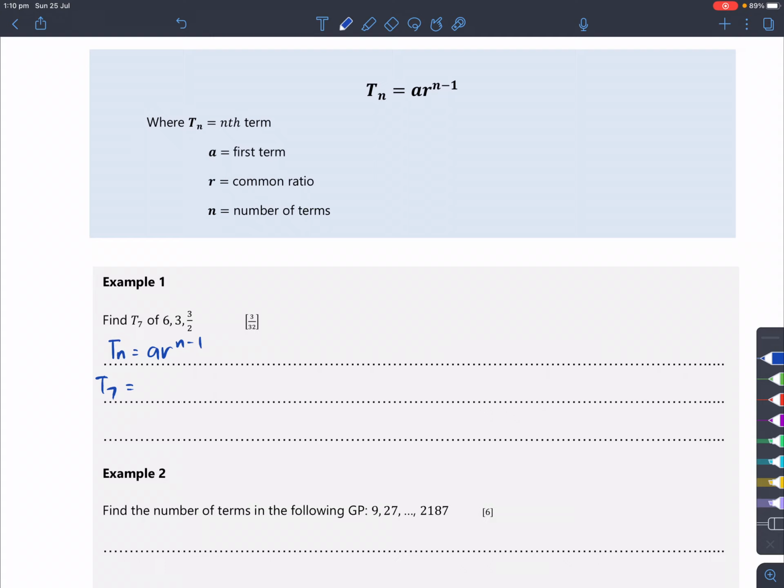T7, which is the 7th term, is the first term, which is a, or 6 in this case, times the ratio of half. Now, it's up to you whether you want to write half or 0.5. I'll just write 0.5, just easy to type in my calculator. Then I'll have the power of 7 minus 1, which is 6. And that should give me the answer, 3 over 32.